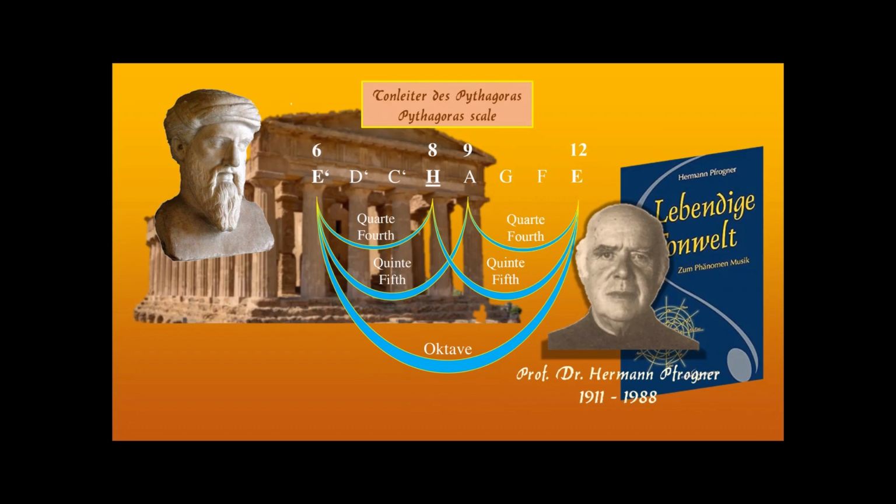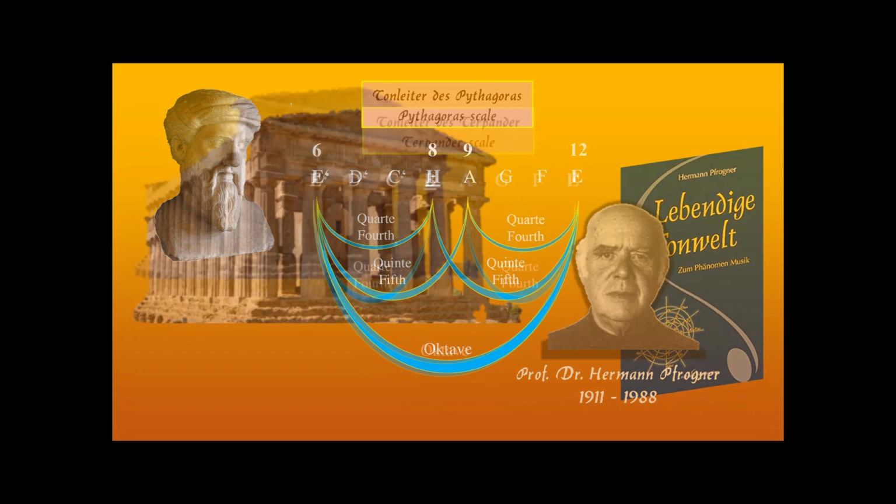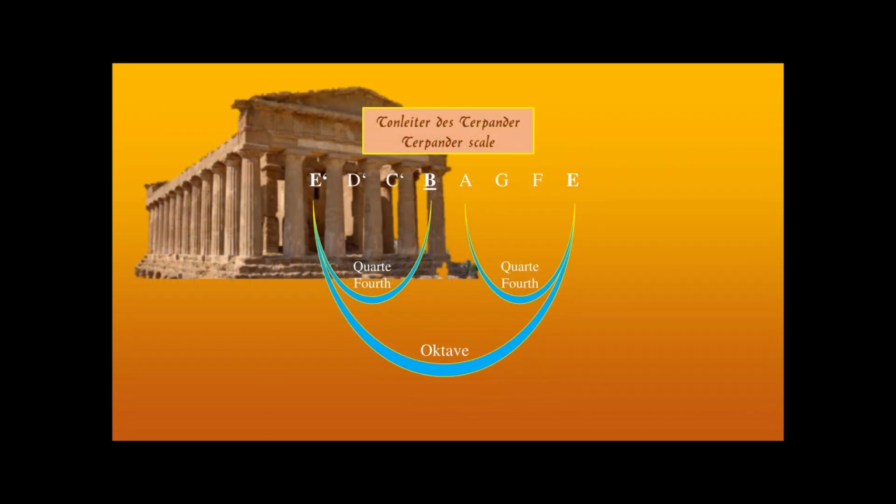Terpander, or in Greek Terpandros, was a musician of the 7th century BC. The Greek scales in general and also those of Terpander consisted of two tetrachords joined together. The Terpander scale avoided the tritone B-F by using the note B flat. The scales were heard from top to bottom: E, D, C, B, A, G, F, E.